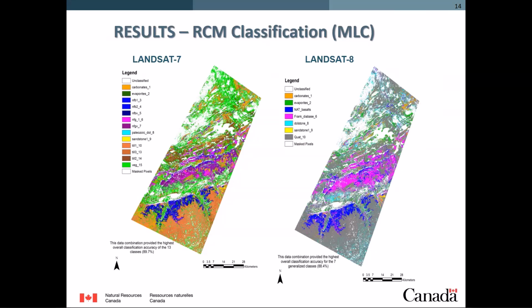If you compare the mapped units to the independent training areas, which we constructed, then we're getting about an 89% accuracy with Landsat 7 and an 88% accuracy with Landsat 8. So that looks at this RCM classification. So the idea here is I did 20 iterations, and then I took the majority vote, if you like, at each pixel to produce this map, and the same thing for Landsat 8.